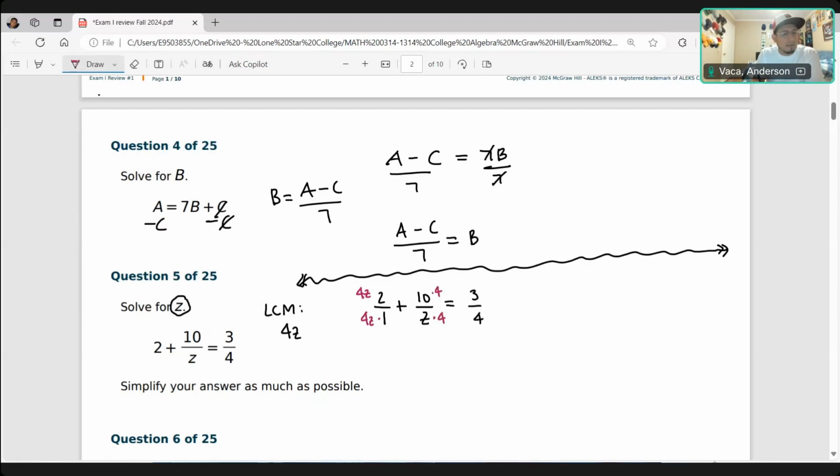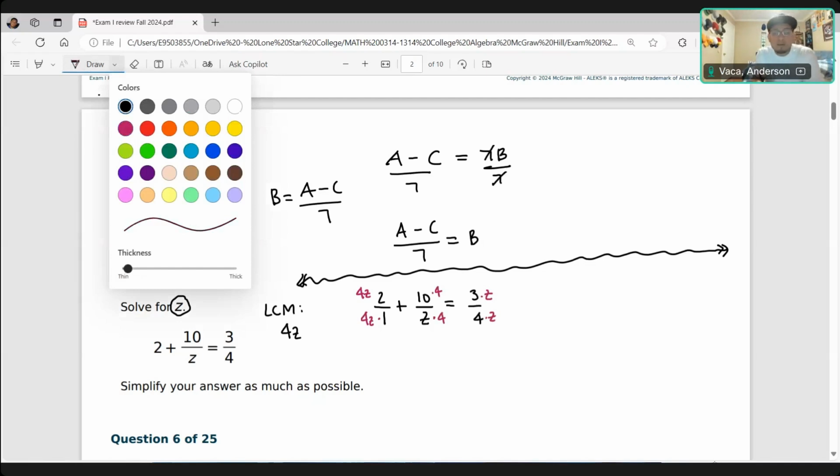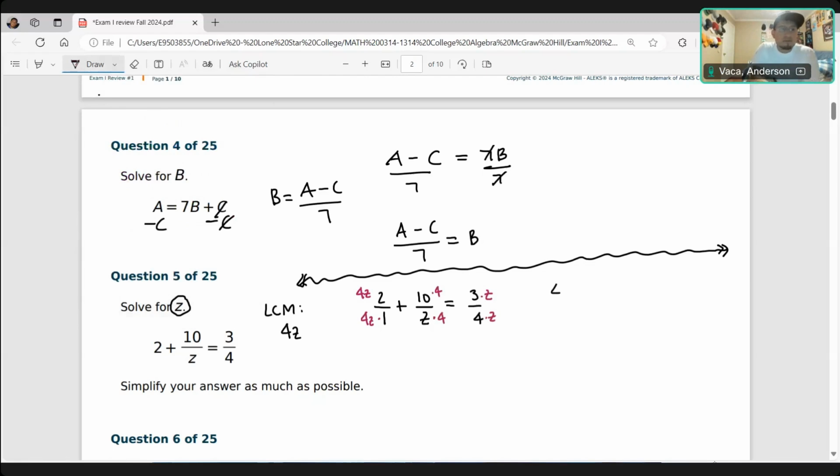What do we need to multiply this by to make it equal to 4Z? You got it, times Z. So what happens now? Well, there will be no more denominators. There will be no more fractions. First of all, I forgot to multiply, so let's do that. 4 times 2 is 8. So we have 8Z plus 40 is equal to 3Z.